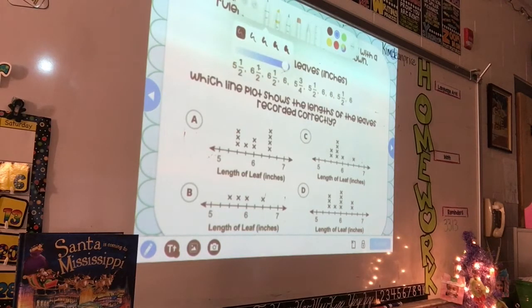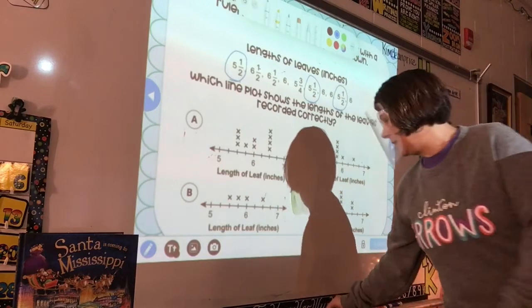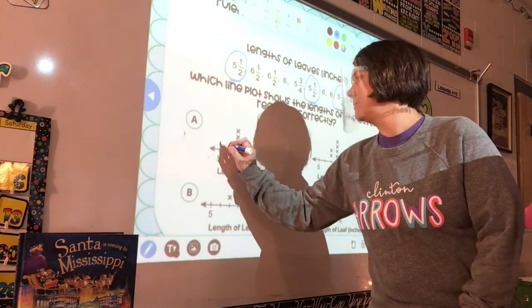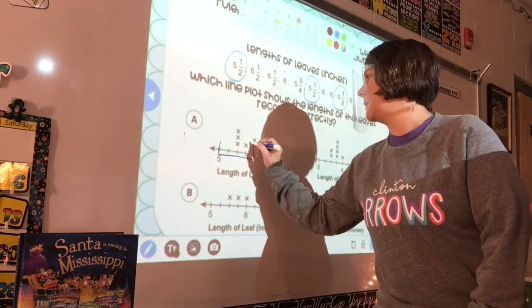So I've got 1, 2, and 3. You follow me? Now I need to look at my charts at the bottom, my line plots, and figure out which one has 3 X's on 5.5. Okay, so here we are, we're between 5 and 6. Here's my pie.